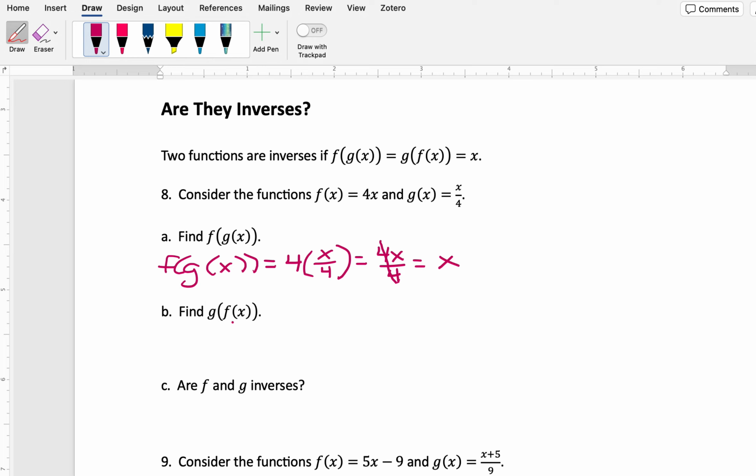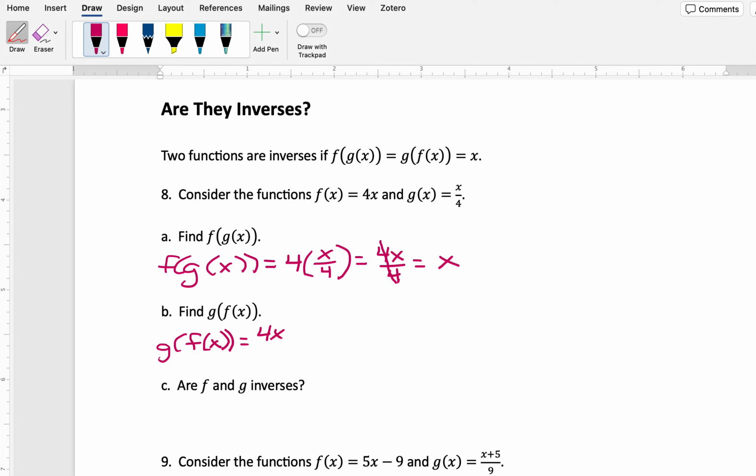Now for part B, we're going to do the same thing but in the other direction. We're going to plug f into g. So we're going to have g of f of x. G is x divided by 4, and we're going to replace that x with the f function, which is 4x.